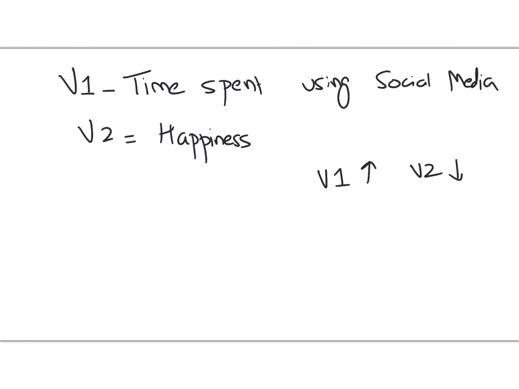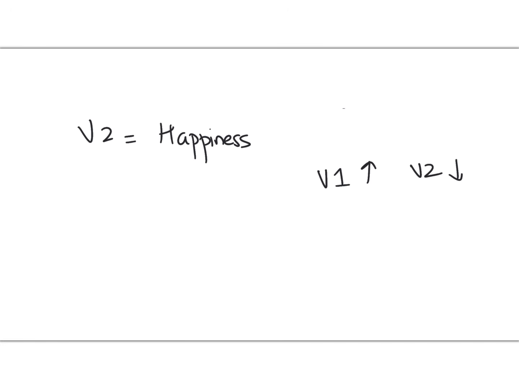Now, there is a way of assessing how strong the correlation is between two variables. And for that, we use something called a correlation coefficient. We'll just write that down. A correlation coefficient. Now, you do not need to know how this is calculated, but you should know what it is.